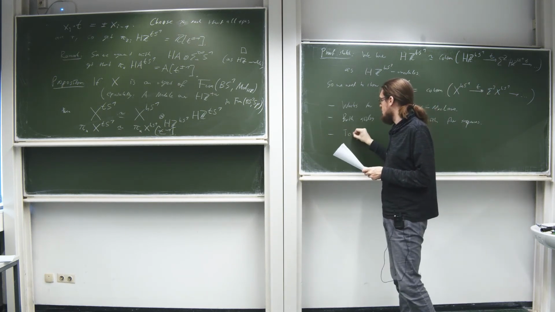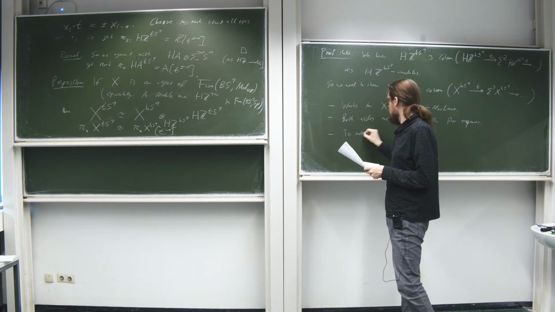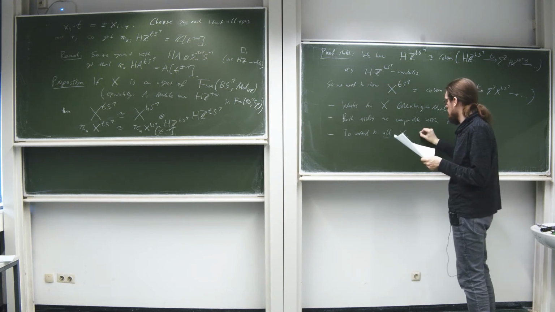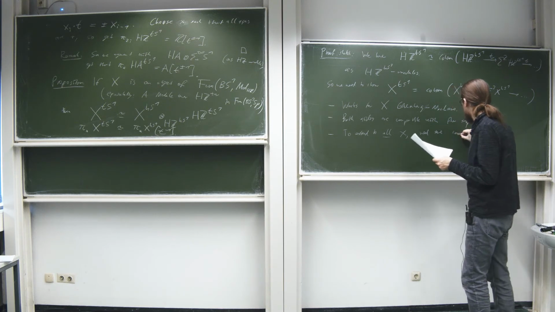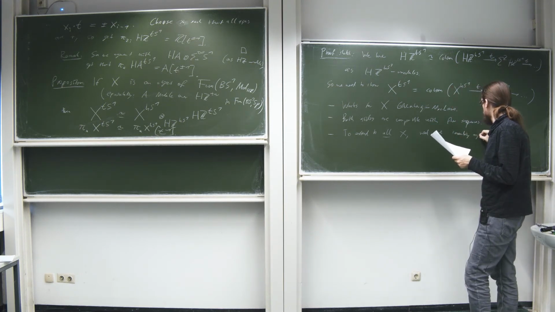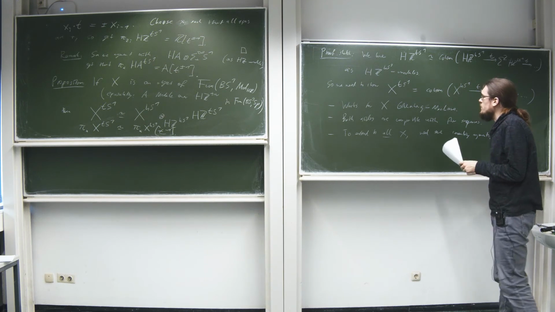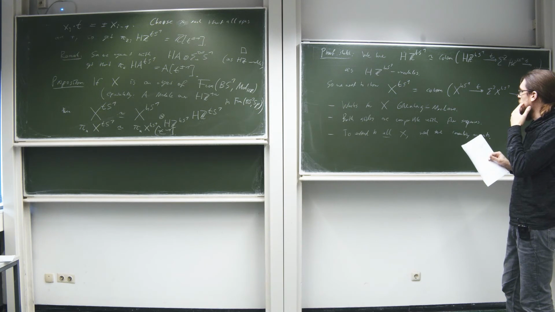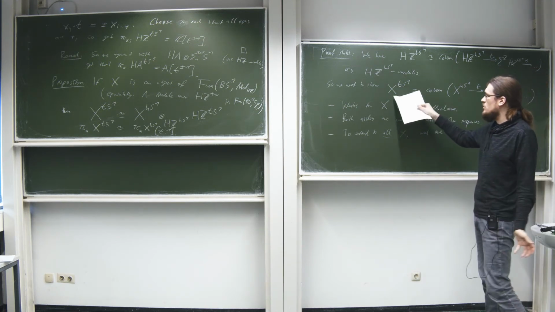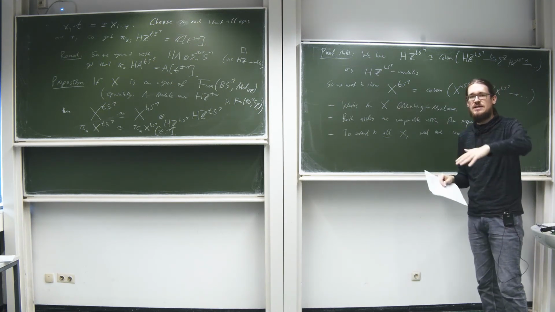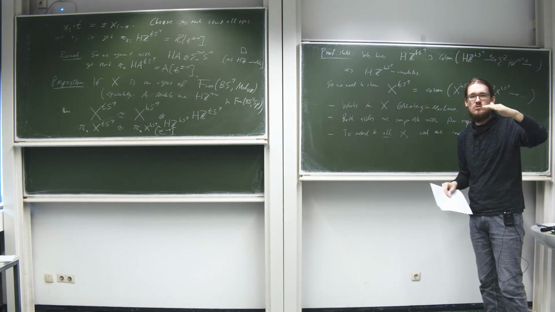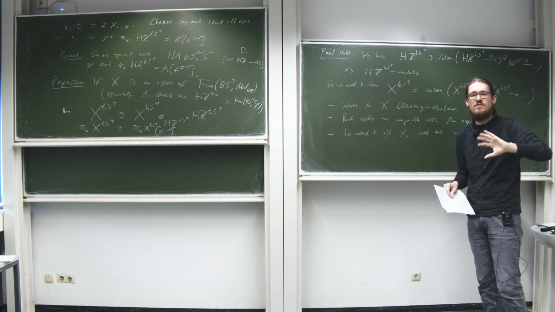To extend to all X, you need some connectivity arguments. The problem here is that you can of course take the Postnikov tower of X, which expresses X as a limit and colimit of co-connective or bounded above and below spectra.